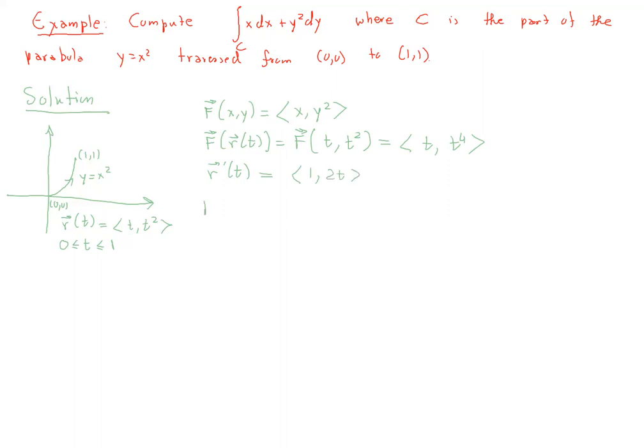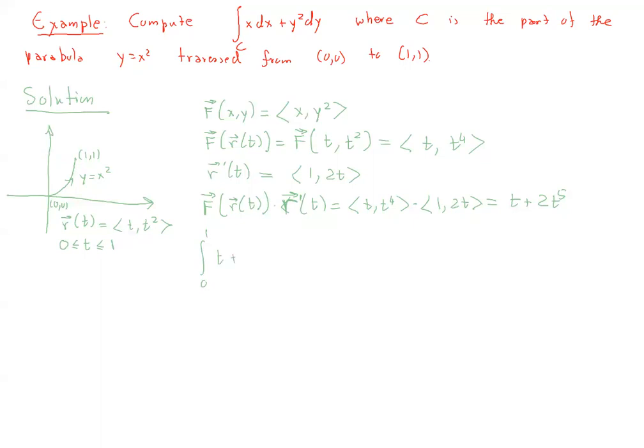And finally, the last part that is needed here is to take the dot product between the pullback of the vector field onto the domain of the parameterization and the velocity. Let me actually write it as r prime of t. And this will be t comma t to the fourth dot with 1 comma 2t, which is t plus 2t to the fifth power. And that's what we need to integrate from 0 to 1.